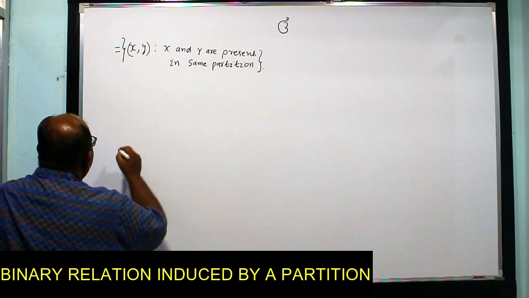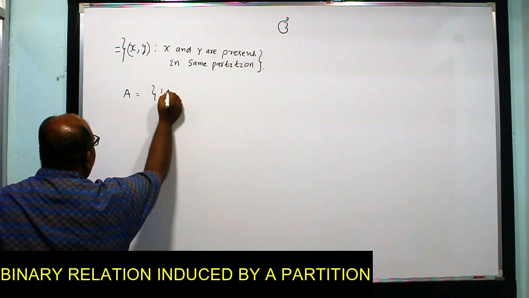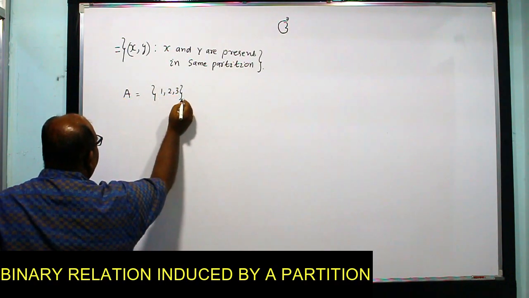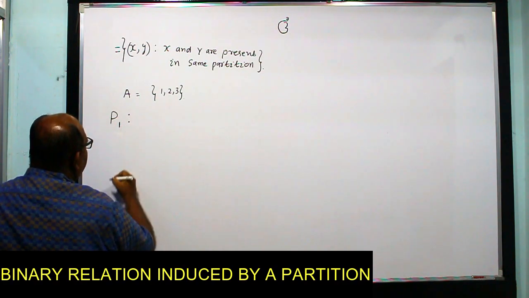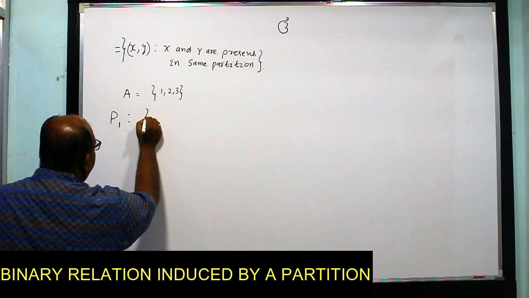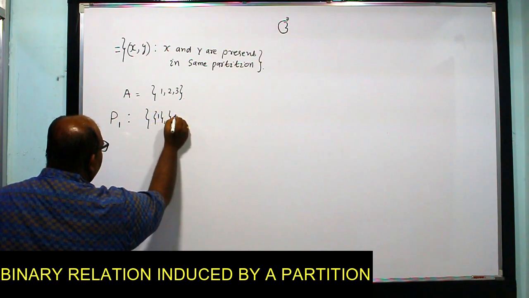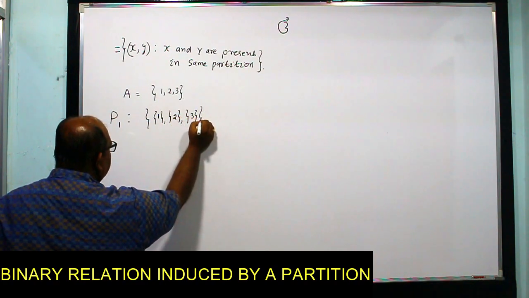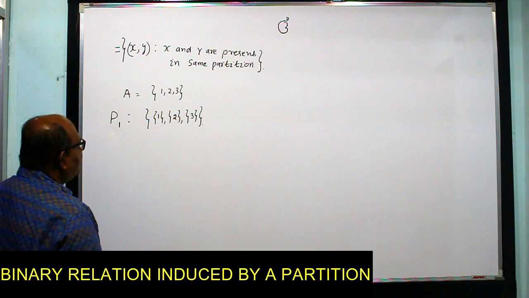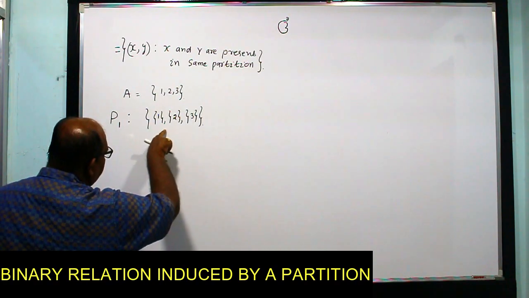So recall, set A is equal to {1, 2, 3}, partition 1, let us symbol P1. What is the partition 1 we have got? {1}, {2}, {3}. This is the partition 1. Now we will find the relation induced by this partition.